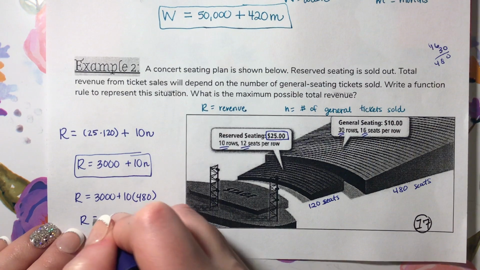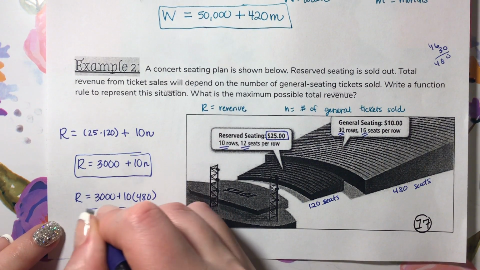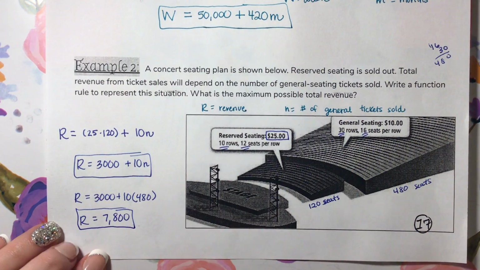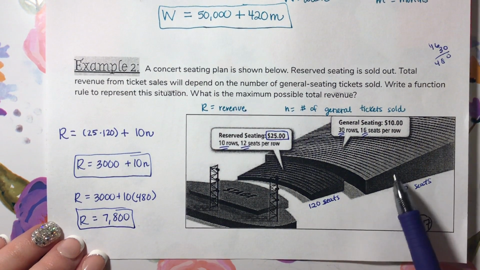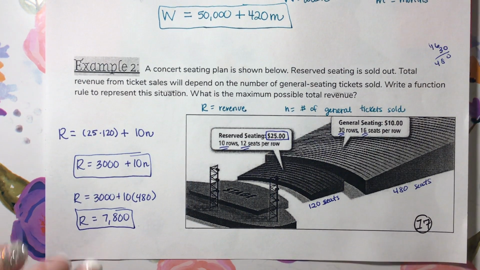So then the revenue is going to equal $7,800. If they were to sell out every single last seat in this back section in the general seating, then they would earn $7,800. And that's all we had to answer for that one.